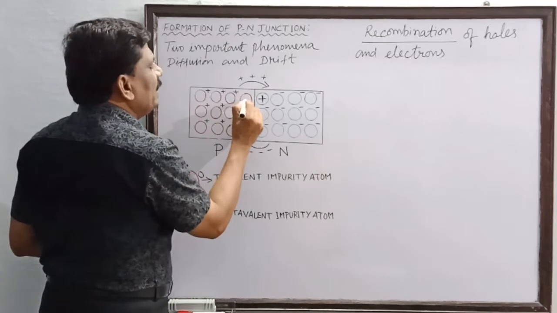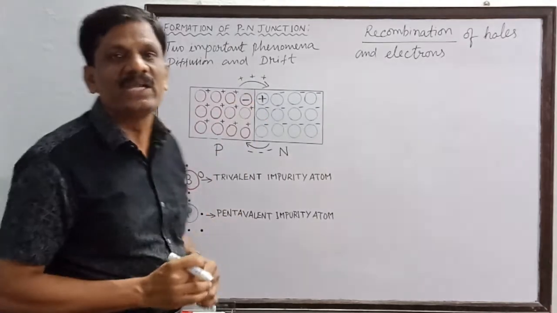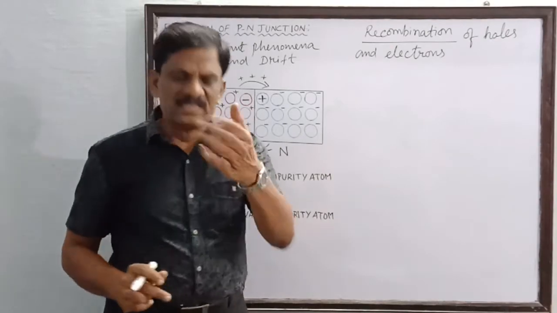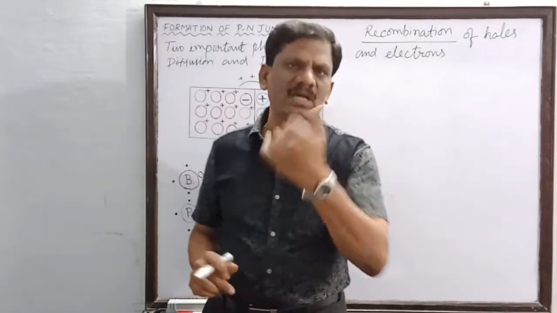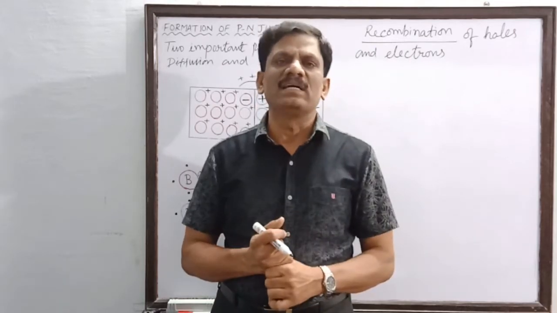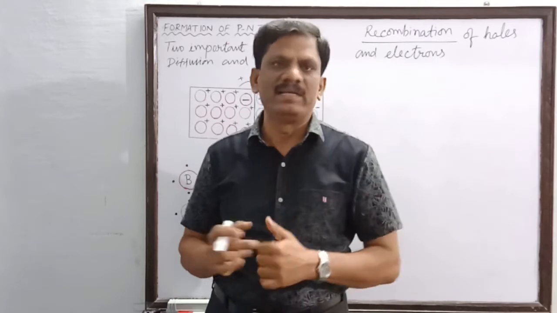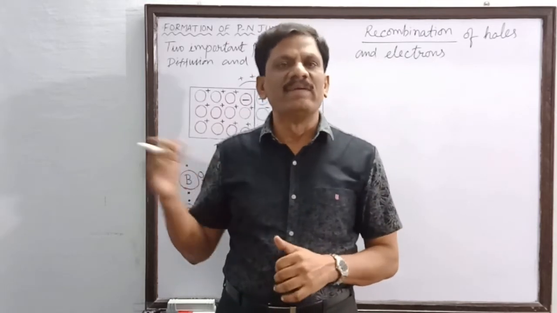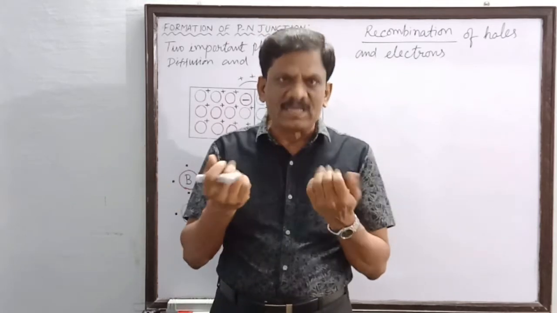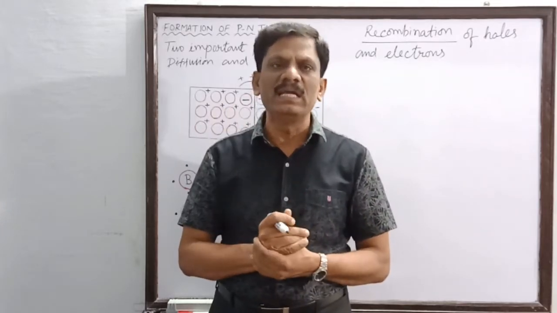As a result, it accepts an electron and hence becomes what? A negative ion. This is why in the previous class we taught about donor impurity atoms. Understand? Donor impurity atoms are what? Pentavalent impurity atoms. And the trivalent impurity atoms are called acceptors. They are ready to accept the electron. That is why they are called acceptor impurity atoms.